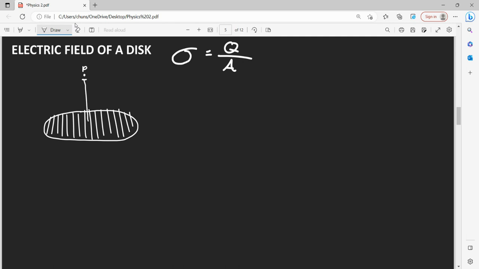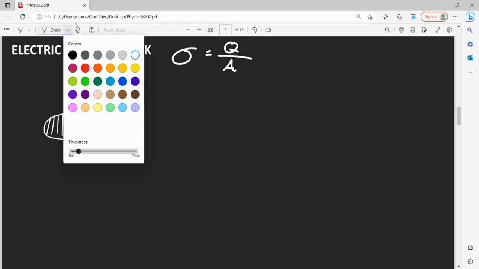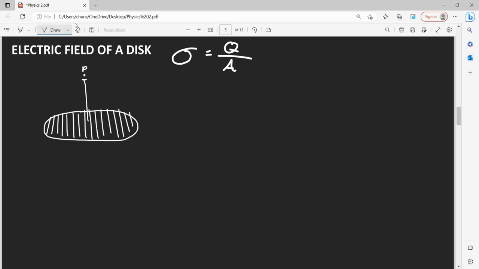So when that happens, if we isolate for q, that's sigma times A, and our area of a circle, pi r squared.